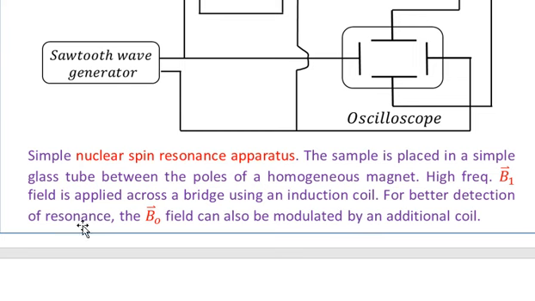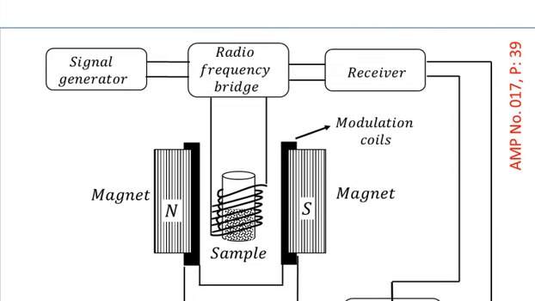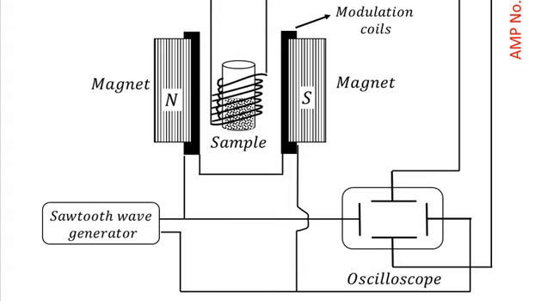For better detection of the resonance, the field B naught can also be modulated by an additional coil, which is placed over here and is also shown in the experimental setup. The additional coil is indicated as a modulation coil and is controlled by the sawtooth wave generator.